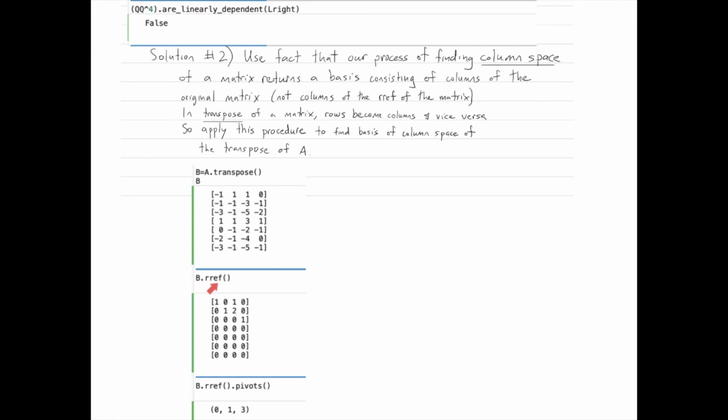Take the reduced row echelon form, then identify the pivot columns, and then use those indices to figure out the corresponding rows of the original matrix A, in this case row 0, row 1, and row 3 of A, and that will be a basis for the row space of A.